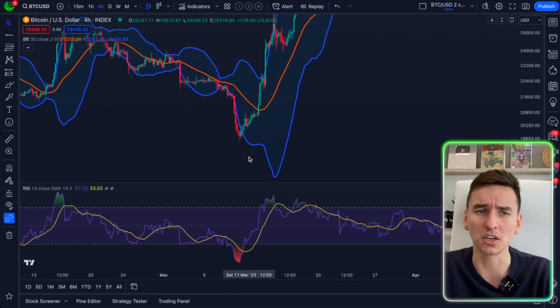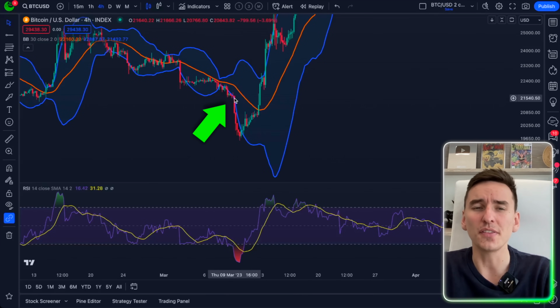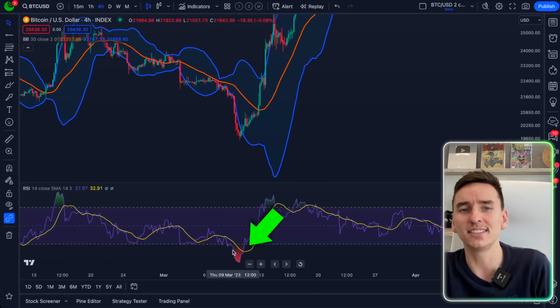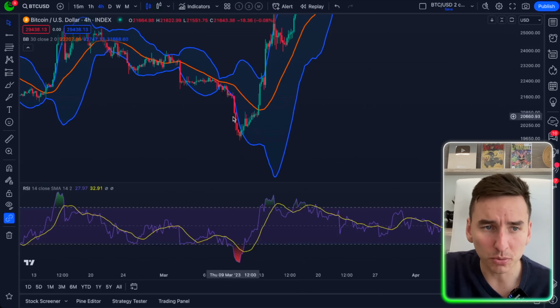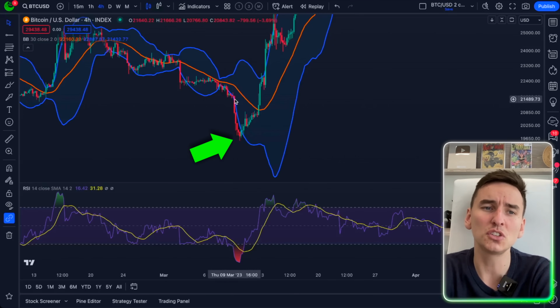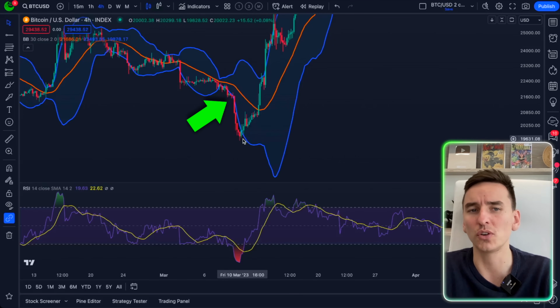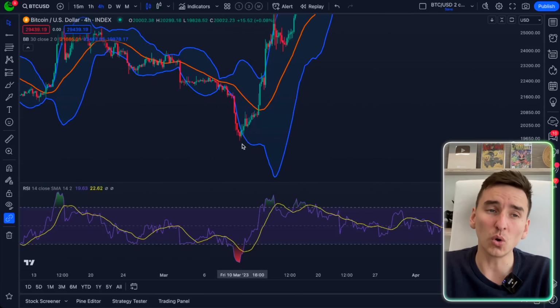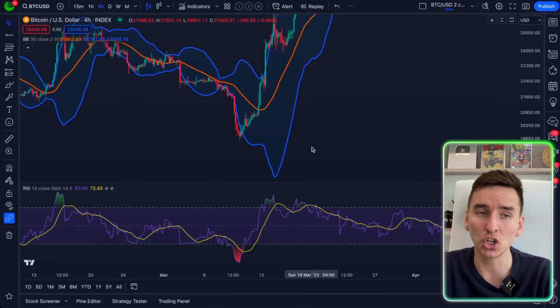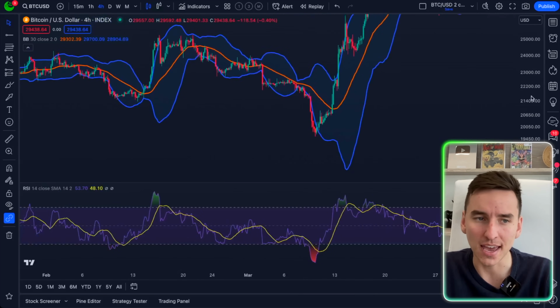But back to the charts, you can see here that the Bitcoin price drops below the Bollinger Band while the RSI is in the oversold zone. But the problem is that the price continues crashing even more. If you entered the trade right here, you would suffer a massive loss. To avoid this money loss, you need to pay attention to detecting the earliest signs of big price movements even before they happen.